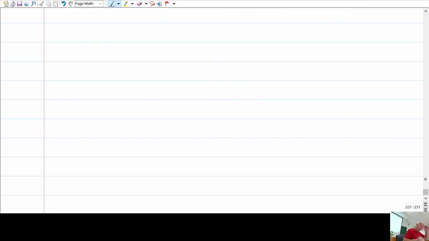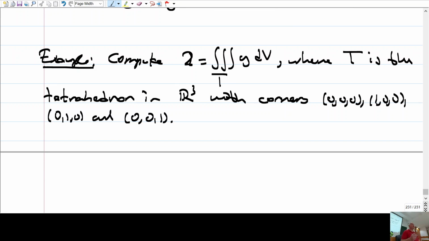So it has 4 corners, 4 edges, and 4 sides.